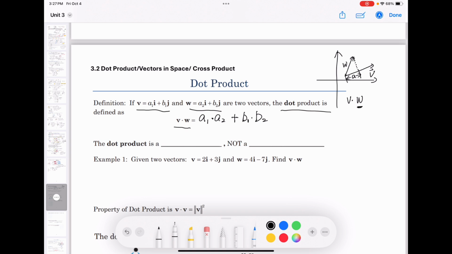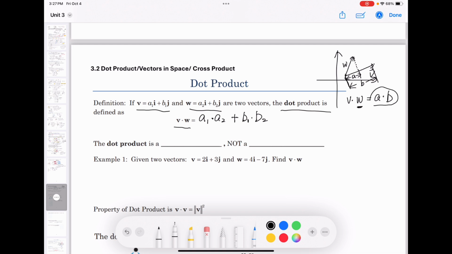So what is the magnitude of v? Let's say it is b. A and b here are constant numbers. They are scalars, not vectors. So v dot w is equal to a times b: the length of the projection multiplied by the magnitude of v.